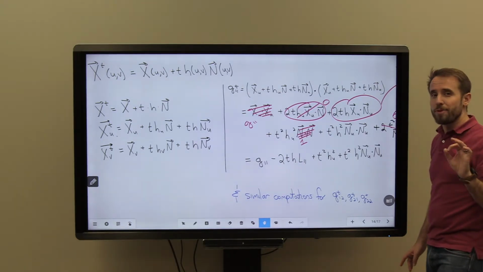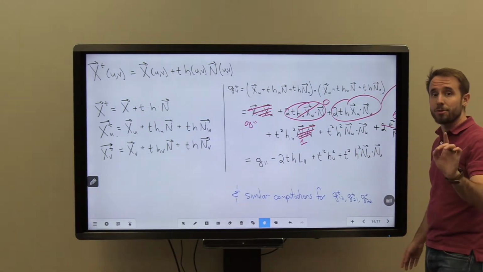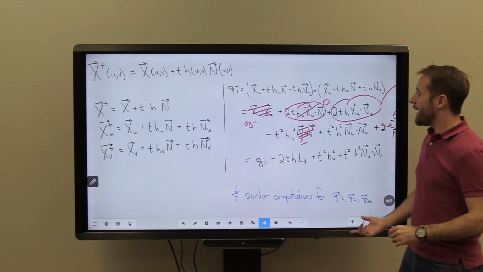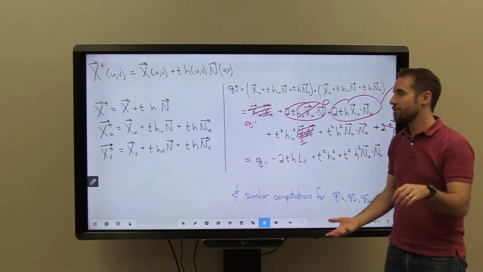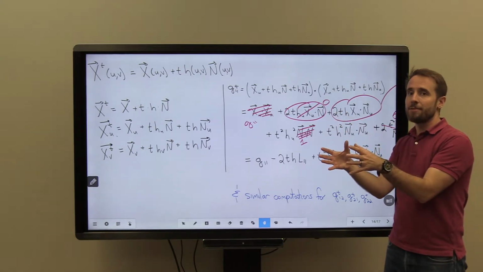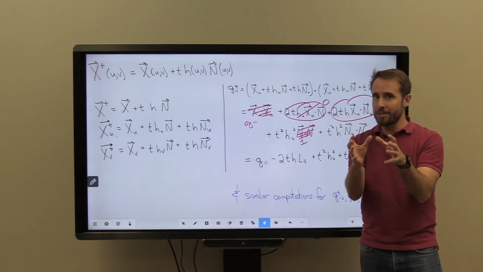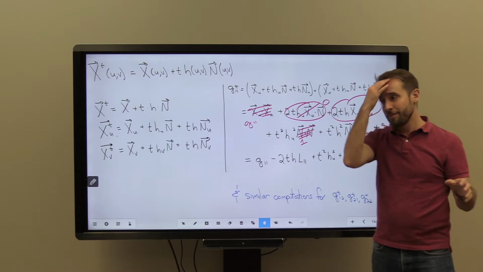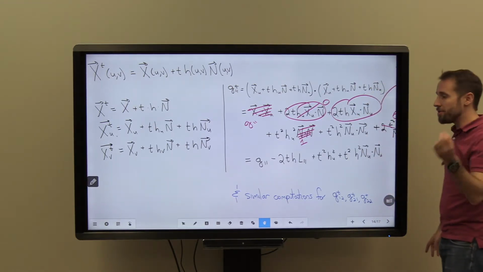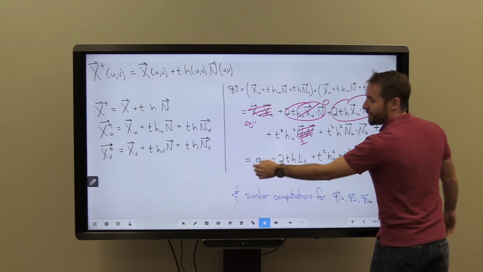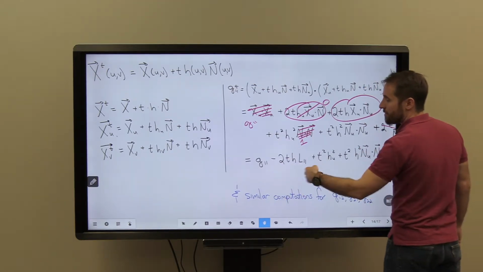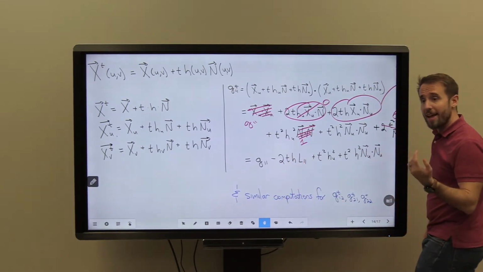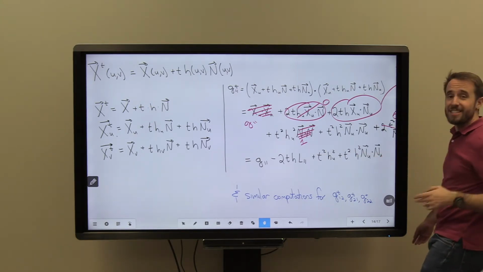And I'm going to group this in a clever way that will serve our purposes. I'm going to group things according to t. So there's going to be a term with no t's, a term with a single t, and a term with t squared. Notice our term with no t is the first fundamental form. A term with a single t involves the second fundamental form, and everything else involves t squareds.